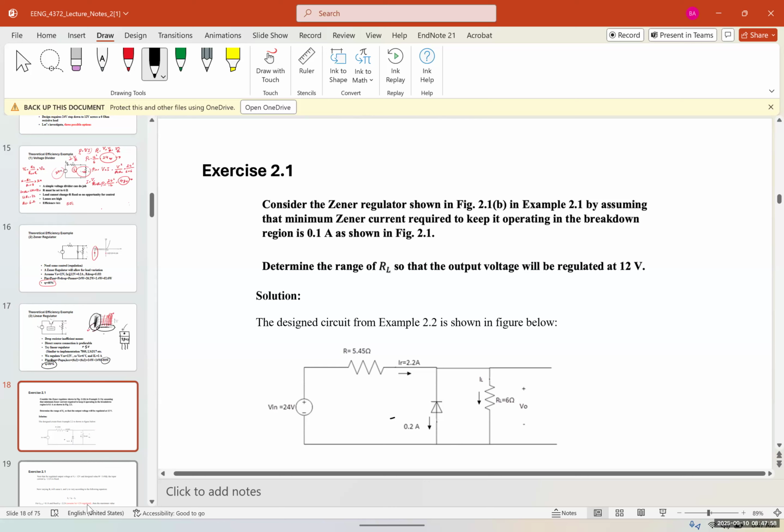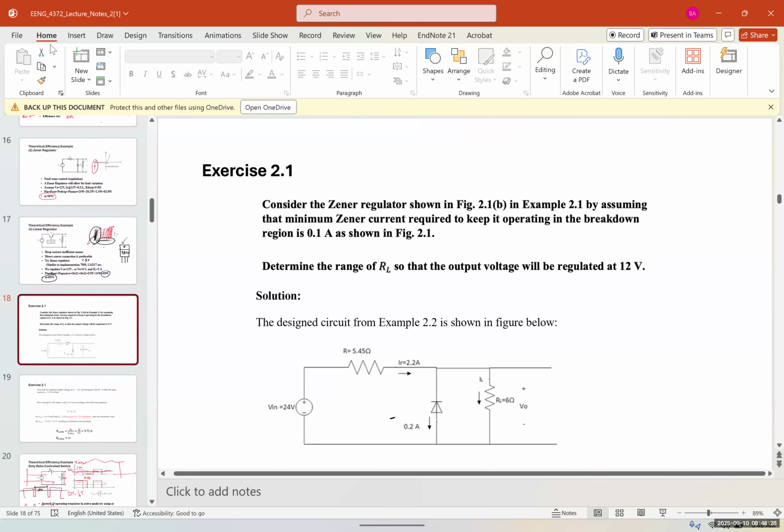By assuming that the minimum Zener current required to keep it operating in the breakdown region is 0.1 amps, as shown, determine the range of RL so the output voltage will be regulated at 12 volts. So I'll give you a few minutes to think on this, and then I will solve it.